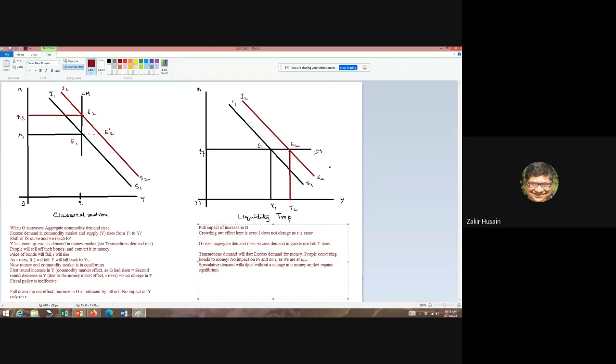Okay, there's no second round effect on commodity market as R is same. There's no change in R. So that is why the crowding out effect is 0 and you experience a full impact. So over here at this point, fiscal policy is most effective. It is equal to the multiplier in simple Keynesian model.